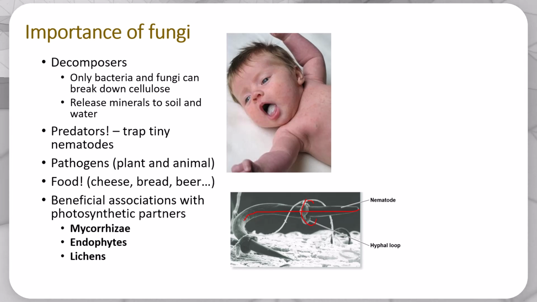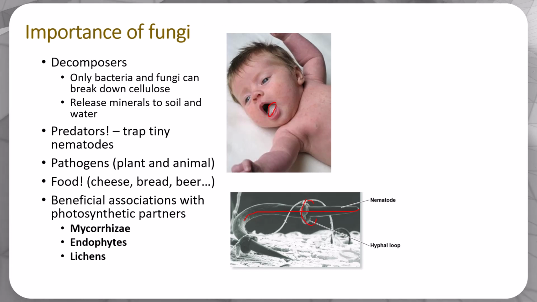Some of them are pathogens, like this baby has oral thrush here, so a yeast infection of the mouth. Athlete's foot is a fungal infection as well. So they can be pathogens to plants and animals. Also, fungi are important for food production, right?